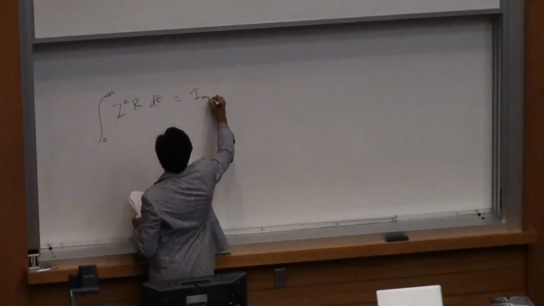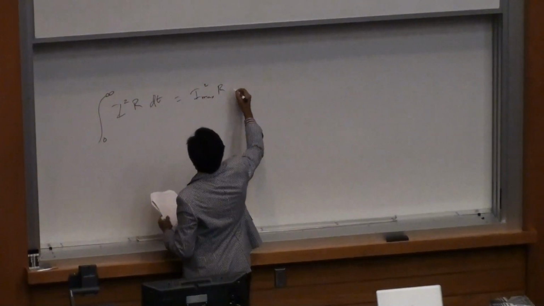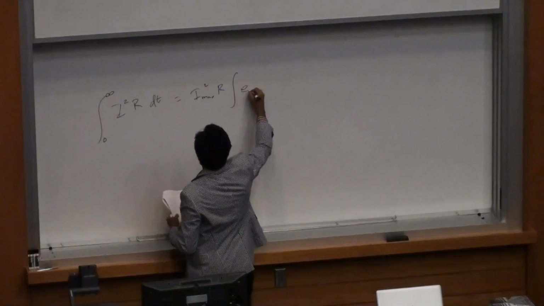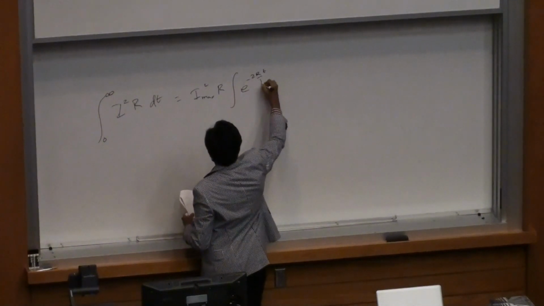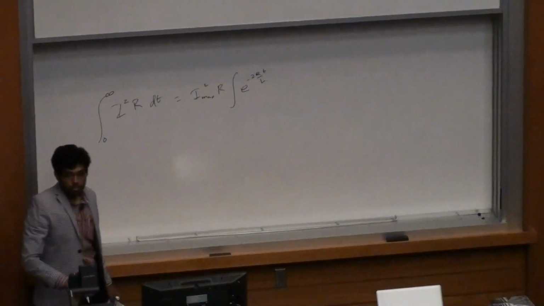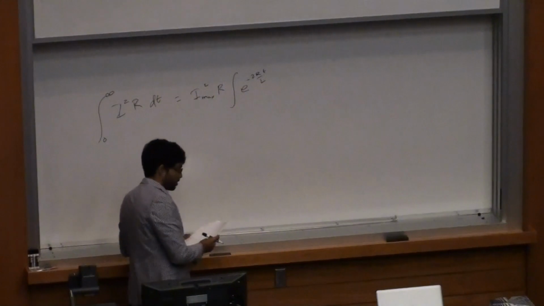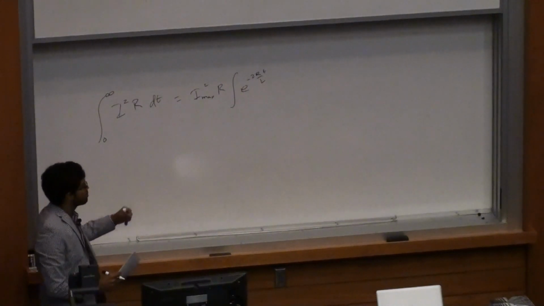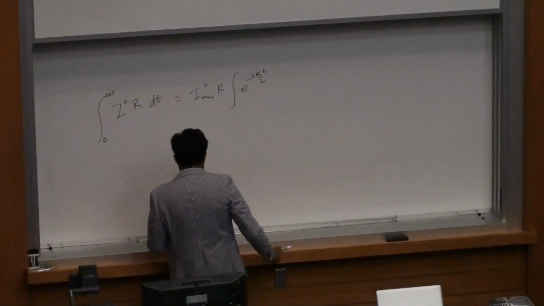I get I max squared, which is V over R, times R here, integral of e to the negative 2Rt over L. Again, this 2 comes from squaring my current. Right? Don't forget that too. I was actually doing this calculation last night and I forgot to carry over the 2 and kind of messed me up. So don't forget that too.